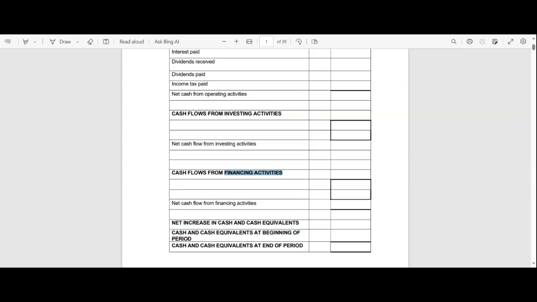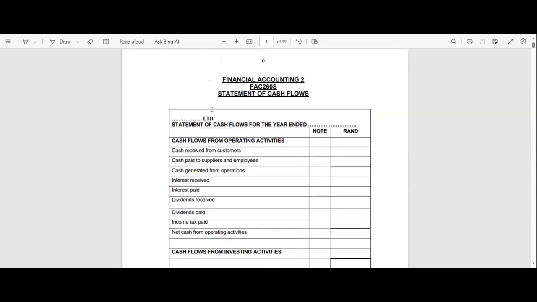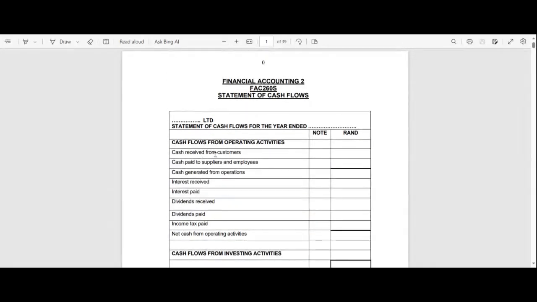If we just look at perhaps the operations itself, in the case of cash receipts from customers, that is the generation of money, right? So money was generated by having sales and your customers paying for the sales. Your dealings with your suppliers and employees: your suppliers would have supplied you with inventory or internet services or printing and stationery or water and electricity or whatever, and you had to pay them for that, right?